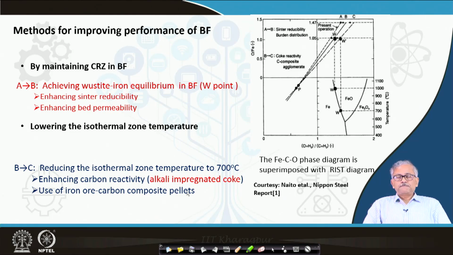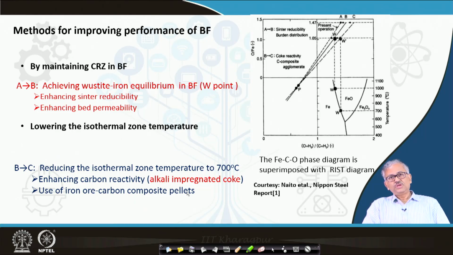So what we can do is increase the gasification reaction, so the endothermic load will increase. As a result, gas will lose its temperature because gas has to give some more heat to the solid. As a result, gas temperature will decrease and the solid temperature will also decrease, and then the isothermal zone can come down to a lower temperature.